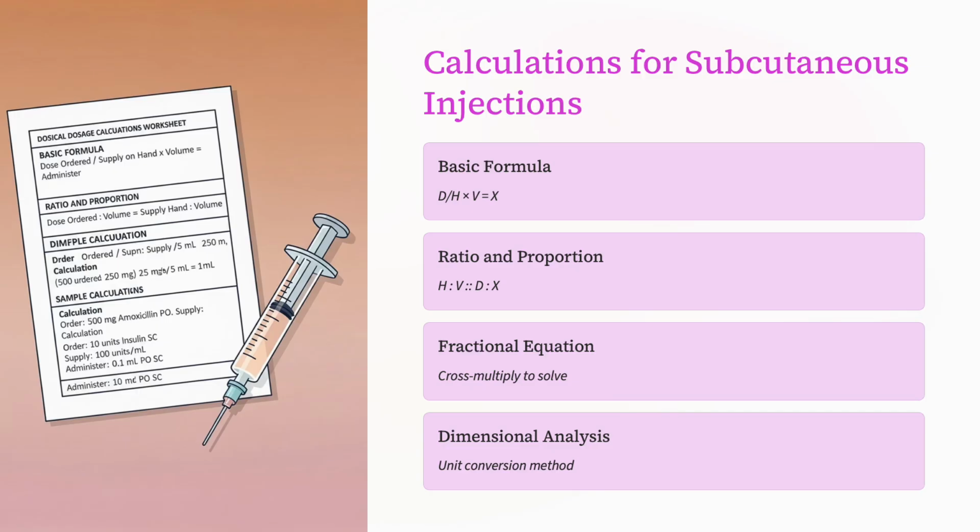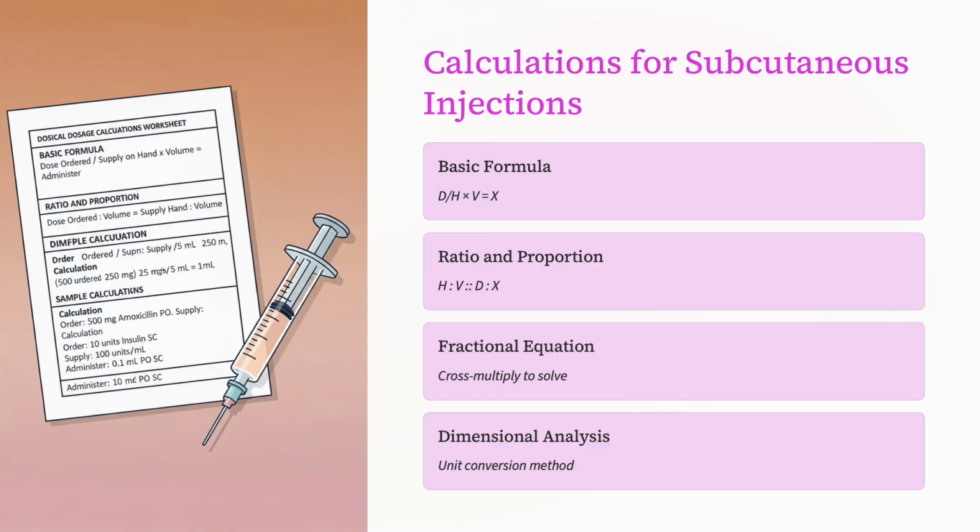So for calculations, last week, Unit 3 focused a lot on these calculations. And so you can use any of the formulas that you're comfortable with. The basic, which is kind of that order over available. You can use a ratio and proportion, just a fractional equation to cross multiply, or my preferred method, which is dimensional analysis.